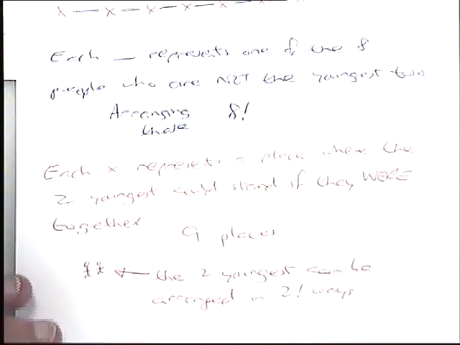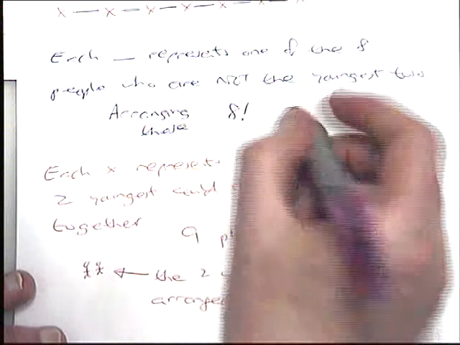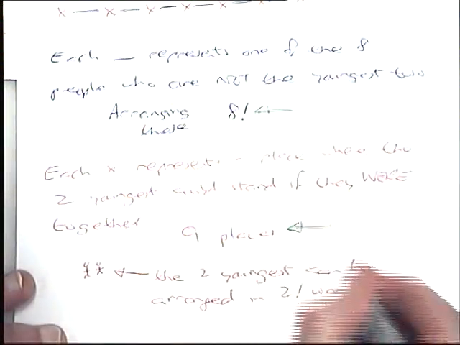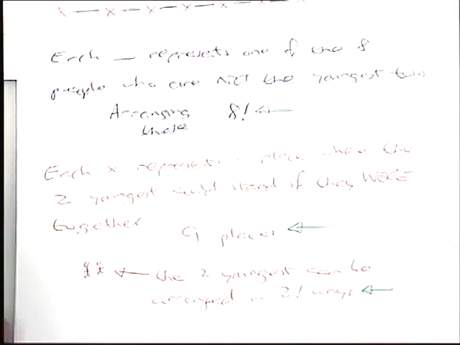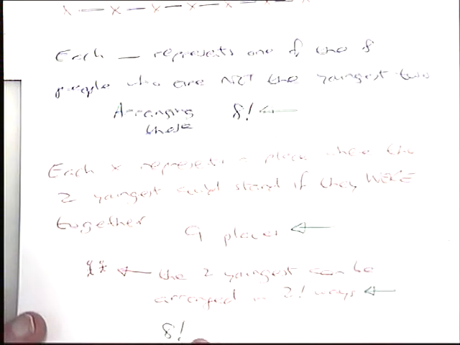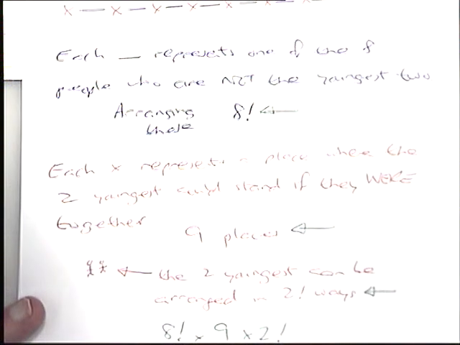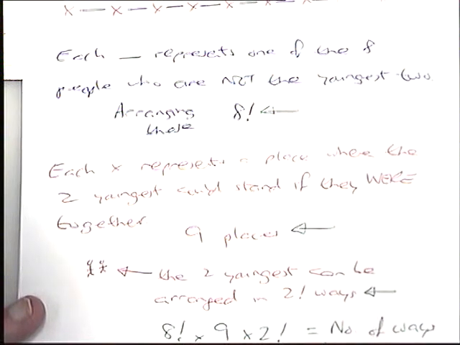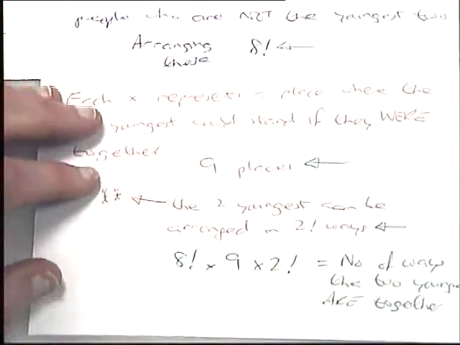If you put these 3 results together, your 8 factorial times 9 times 2 factorial is equal to the number of ways the 2 youngest are together, which is the opposite of what we wanted.